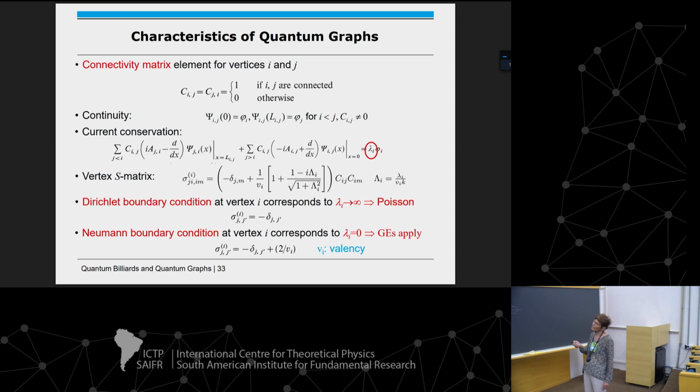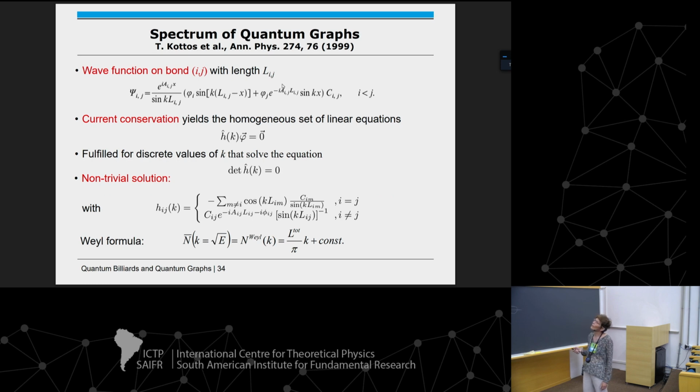It's just given by 2 divided by the valency of vertex I minus delta jj prime. So it's a very simple scattering matrix which does not depend on k. These two boundary conditions are the only ones where the vertex scattering matrix doesn't depend on k. That's also important, because then in experiments we don't need to worry about the frequency range we look at, because the scattering matrix has everywhere the same properties.